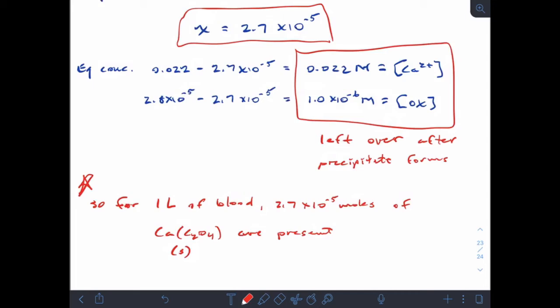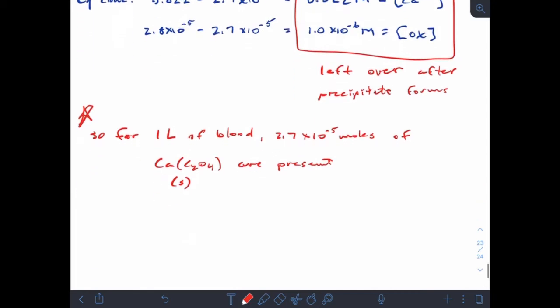So let's convert that to sort of a practical number, right? So great, we've got that many moles of calcium oxalate formed. So in the human body, there's about 5 liters of blood in a normal adult body, somewhere between 4.5 and 5.5 liters.